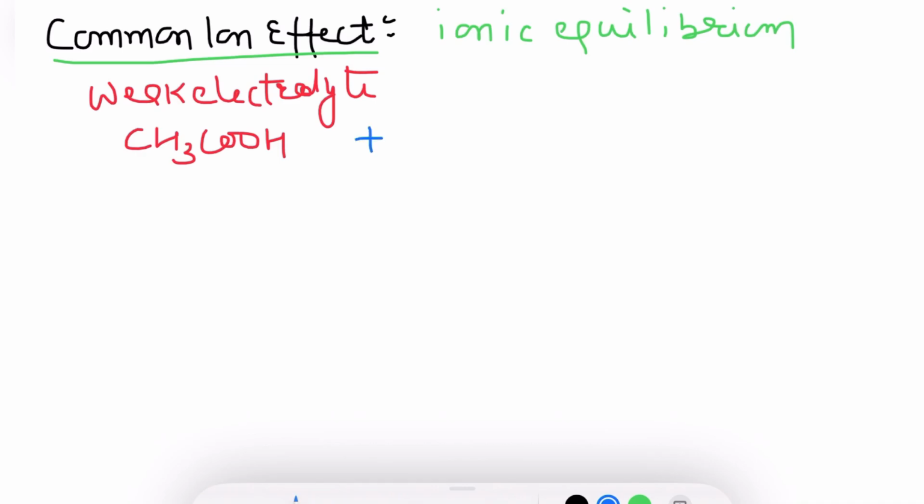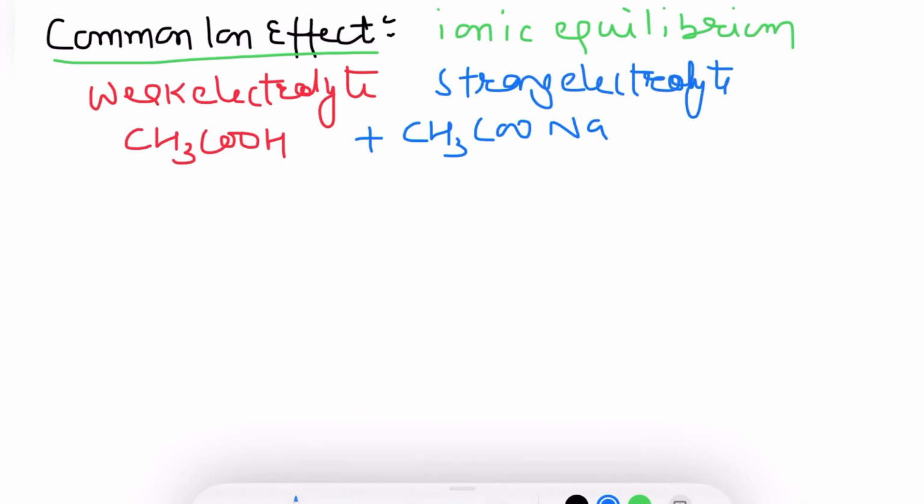The common ion here I am taking is the acetate ion, and the strong electrolyte is sodium acetate, the salt of a weak acid with a strong base.